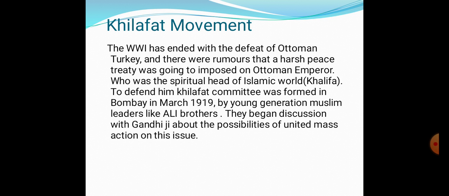They began discussion with Gandhiji about the possibility of united mass action on this issue. Gandhiji was also very happy to start a movement with joint effort of Hindu and Muslims. He sees this as an opportunity where he can force unity among two big communities in India, Hindu and Muslims.